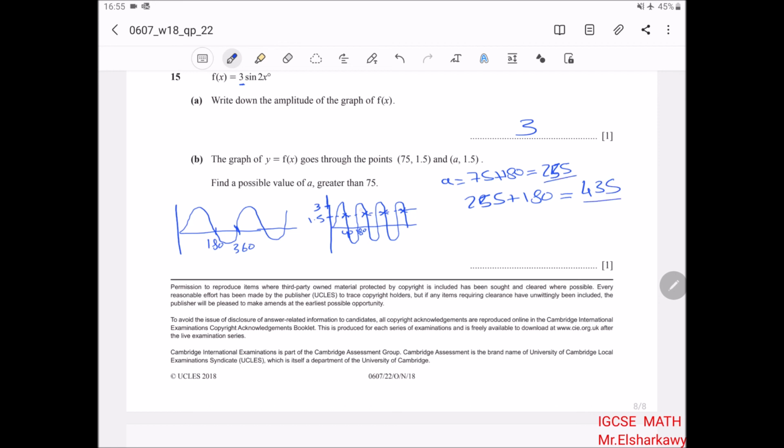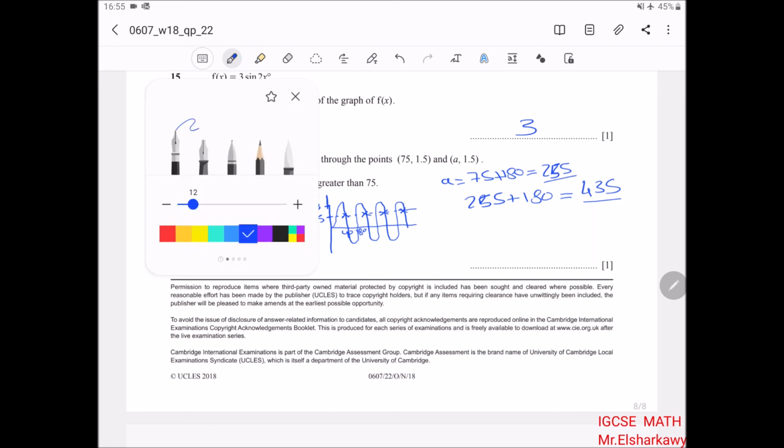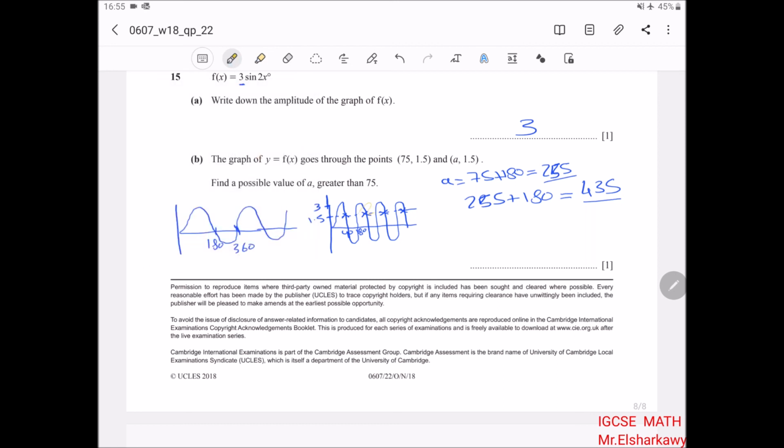We can also see that there are other values that are equal to 1.5. So it can also be this, the gold ones. The difference between this and the one after it is 60 degrees. So the gold one is this one minus 60 degrees, and this one minus 60 degrees.